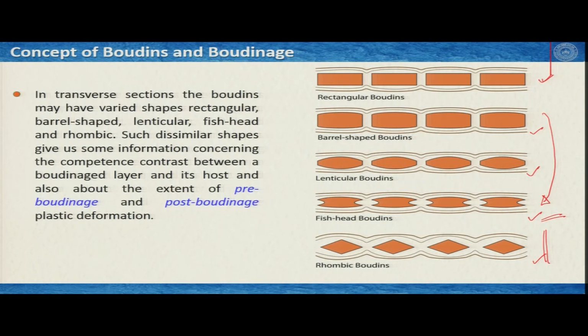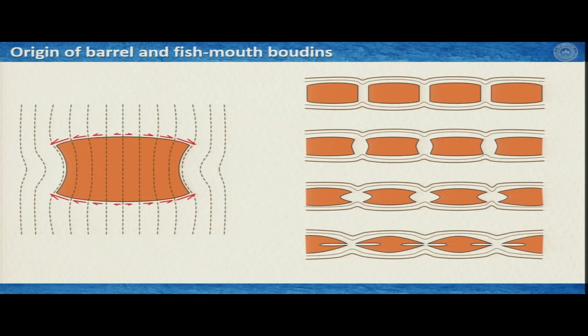Now, the presence of rectangular Boudins with edges at right angle to the general layering, which is what we see here, simply indicates that throughout the course of development of Boudinage, the layer undergoing Boudinage processes behaved in a brittle manner. At the corners of these Boudins, there is relatively high shear stress which tends to deform the Boudins. This is exactly what happens in the post Boudinage processes.